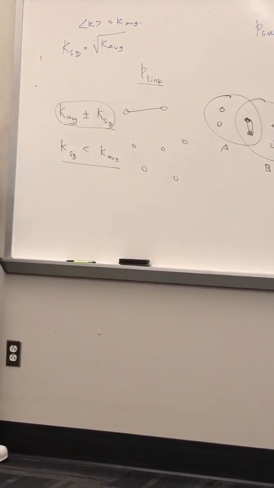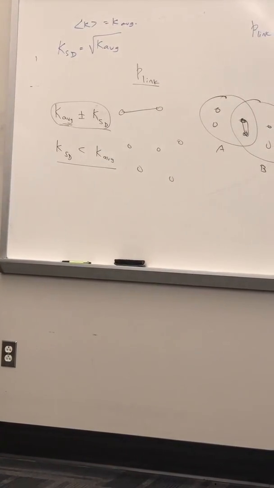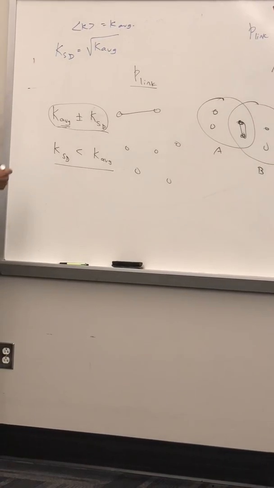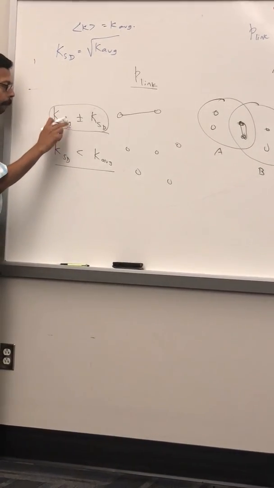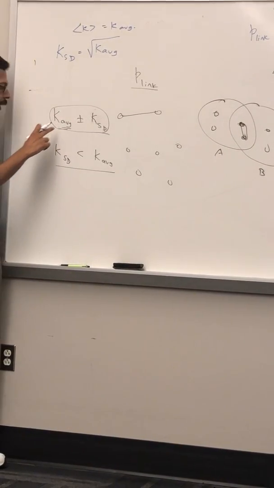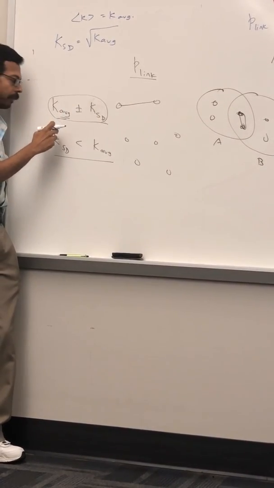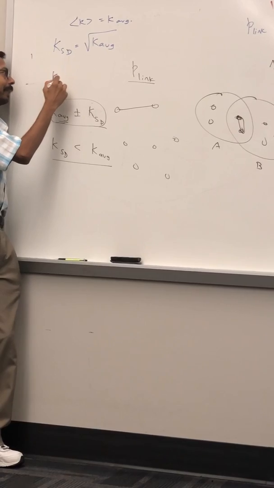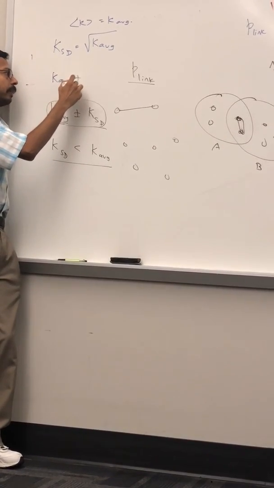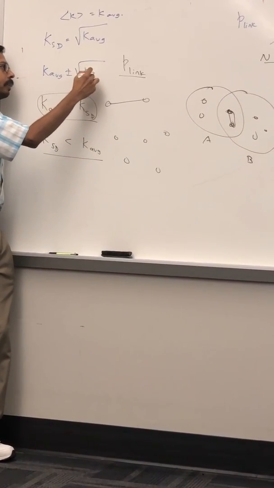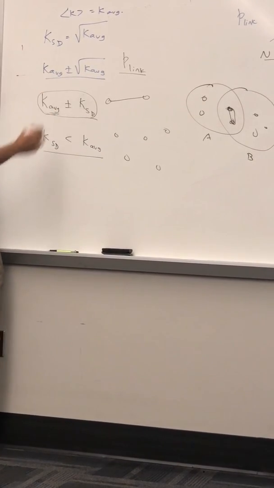In your math class sometime back, you should have seen this formula. Okay? So if I say the range of degree values is average plus or minus standard deviation, then basically the range is going to be this plus or minus square root of this.